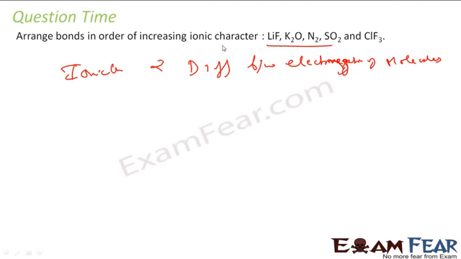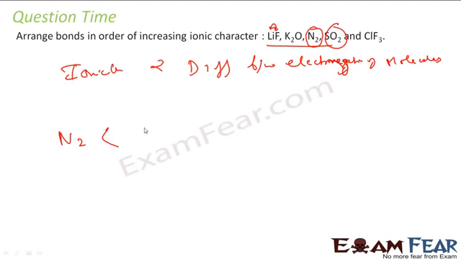So the more the difference of electronegativity between these two atoms, the more ionic it is. Correct? In the case of nitrogen, both atoms are the same, so it has the least ionic character.